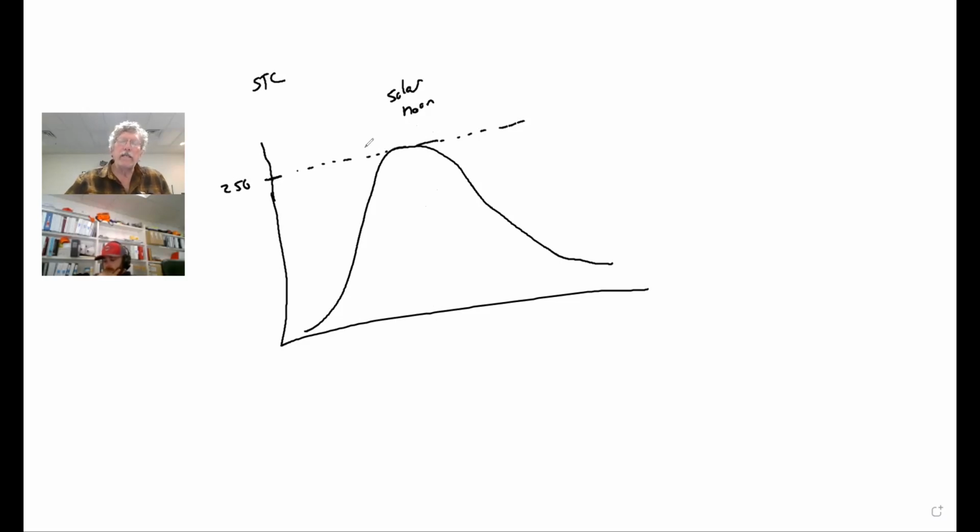But the reality is, most days we do not have ideal weather. You might only have standard test conditions maybe a dozen days out of the year. So most of the time you're going to have curves that are down below this. So what happens if I put a 300 watt panel with a 250 watt inverter? Well, the curve ends up looking more like this.